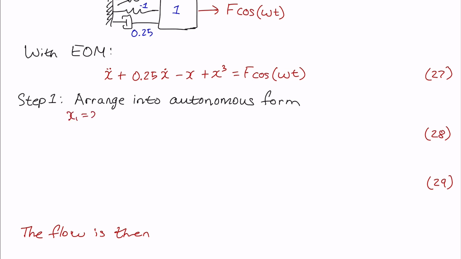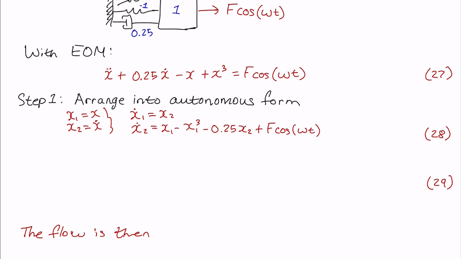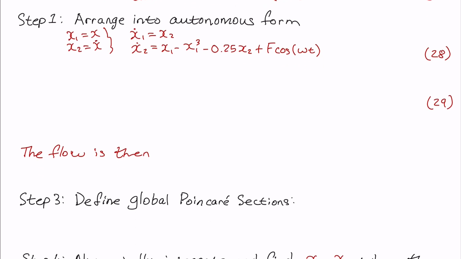To do that, we'll say x1 is equal to x, x2 is equal to x dot, and then from this, what we'll end up with is x1 dot is equal to x2, x2 dot is then equal to x1 minus x1 cubed minus 0.25 x dot, that should be x2, plus F times the cosine of omega t.